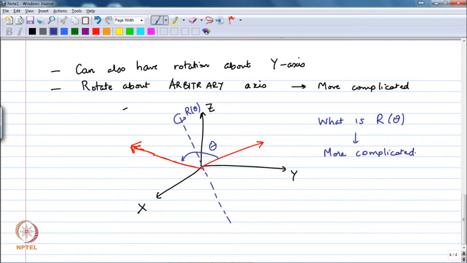I won't detail the steps that you need to work it out, but you can definitely look up various books and see how to work this out. So I just wanted to mention that these rotation matrices are quite useful. You could also consider things like products of rotations.